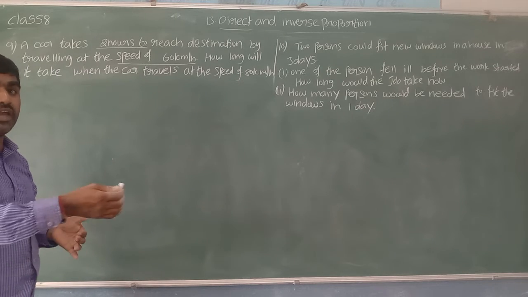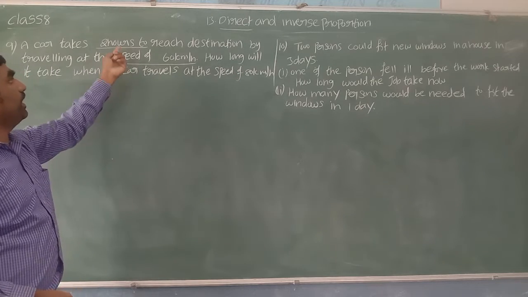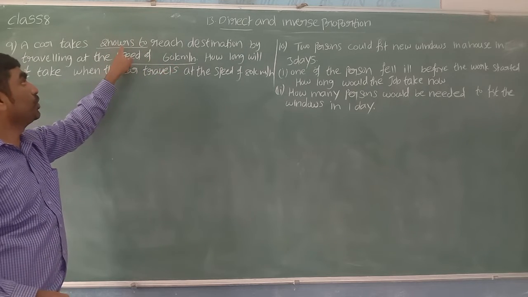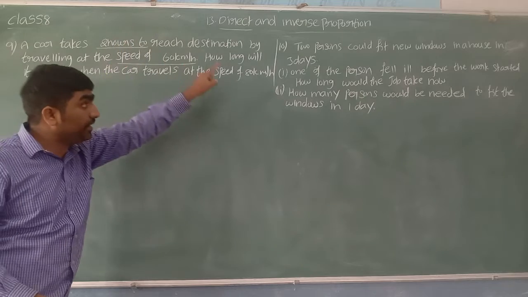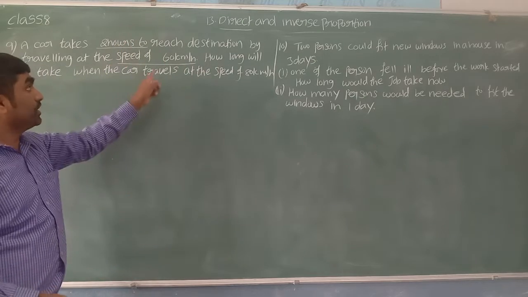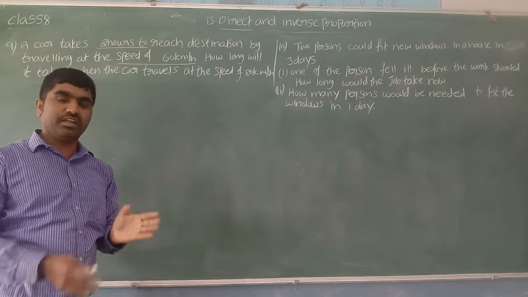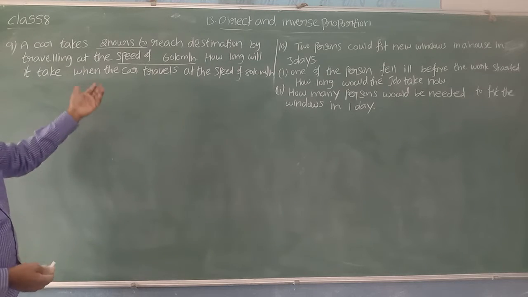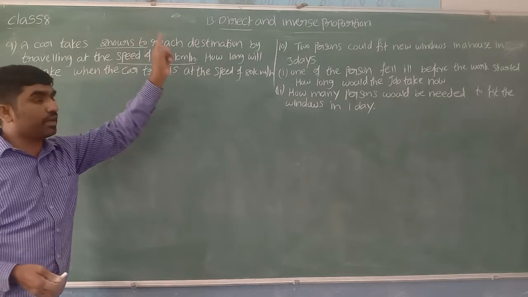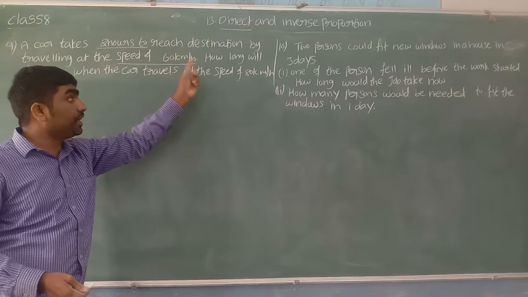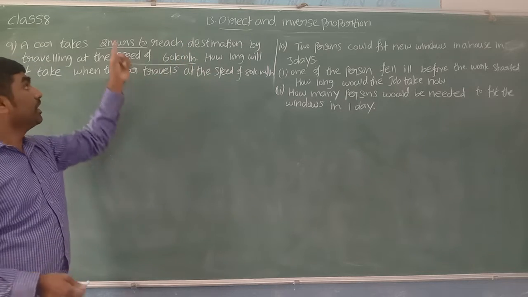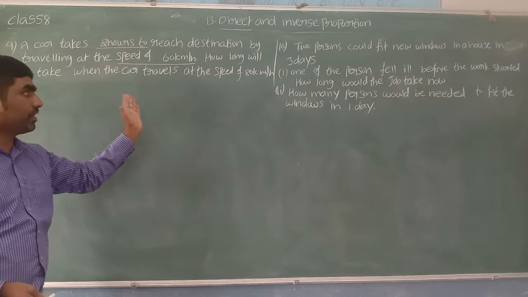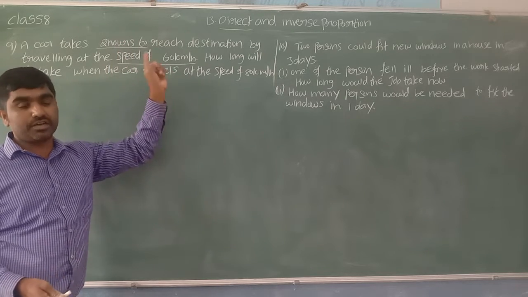If I increase the speed, we take less time. 60 km per hour, 2 hours. When it is 80 km per hour, when the speed is increasing, the time taken will be reduced. One quantity increases, the other quantity decreases.